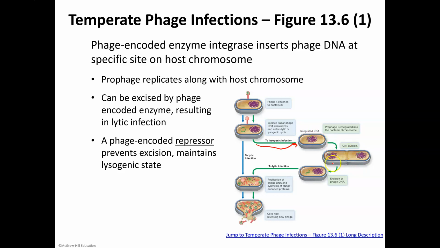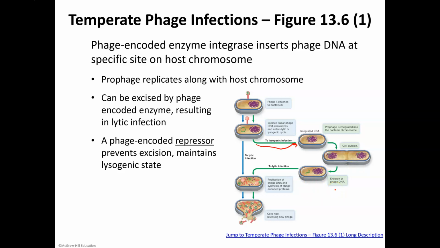And now the new structure is called a prophage, because now you have phage DNA incorporated into the genome of the bacterial cell. That prophage is going to be replicated with the new cell, and so every single cell is going to have that prophage.